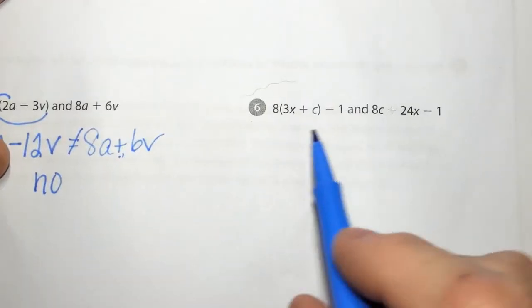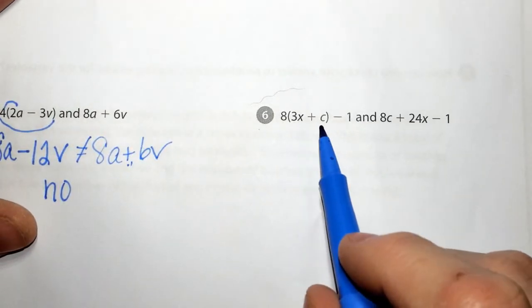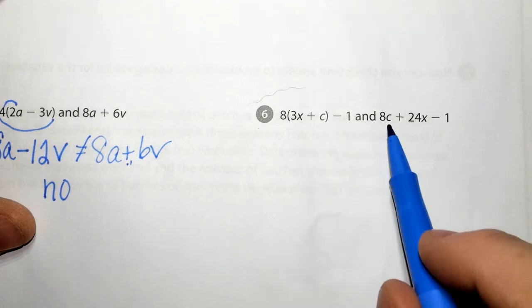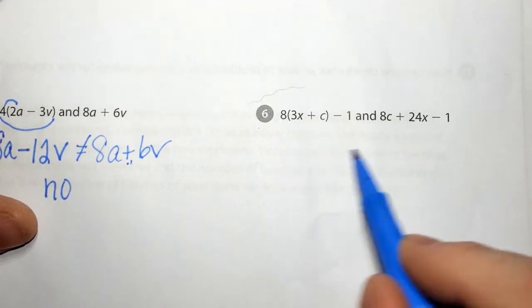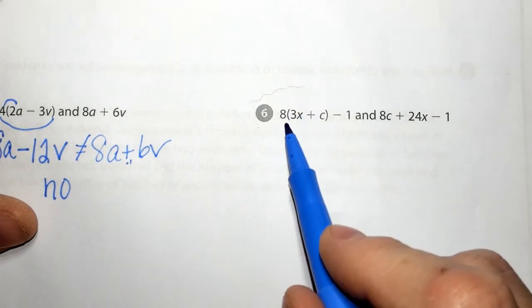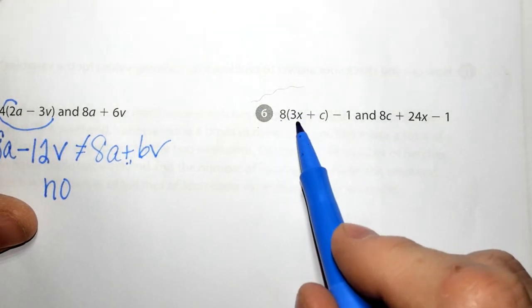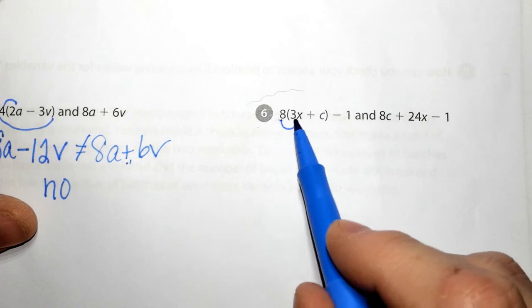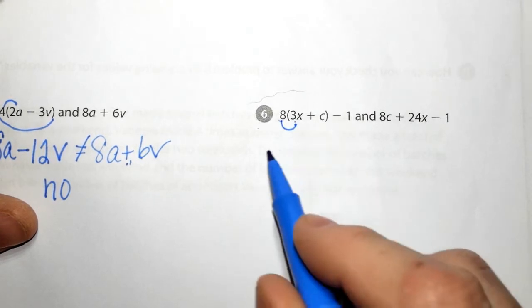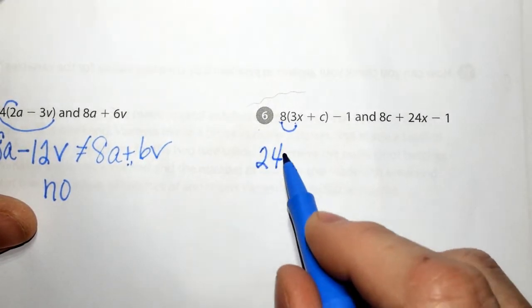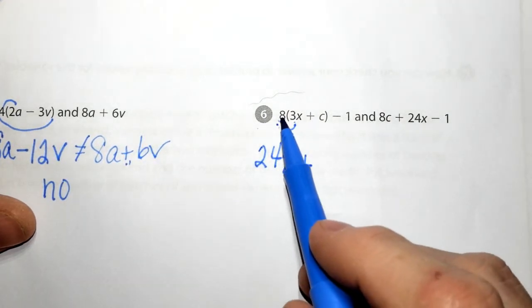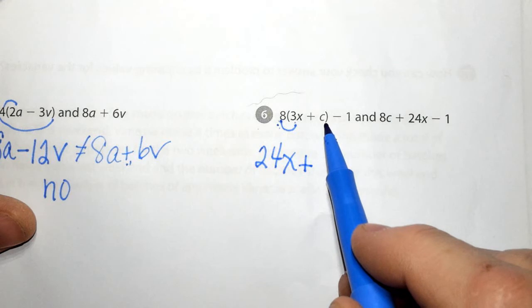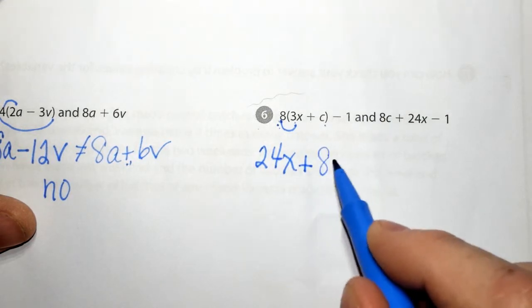Over here we have 8 times 3x plus c minus 1. And over here we have 8c plus 24x minus 1. So we're going to take 8 times 3x. 8 times 3 is 24, so that's 24x. Plus 8 times c is going to be 8c.